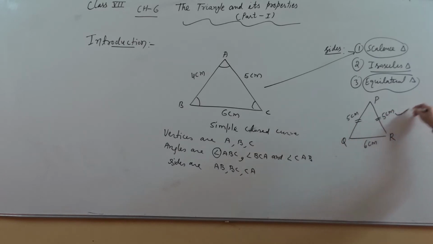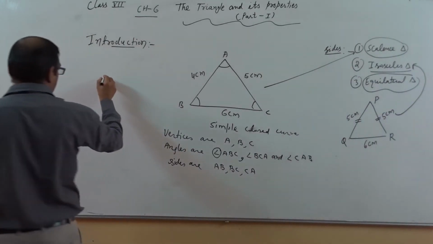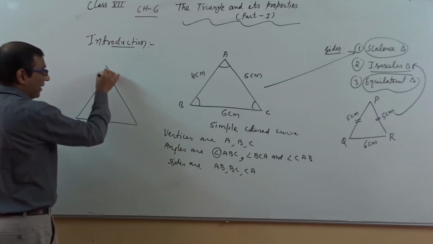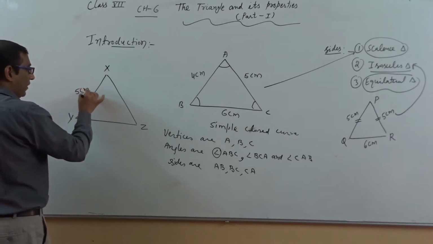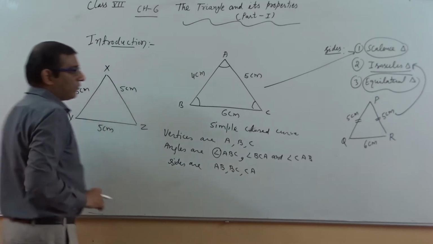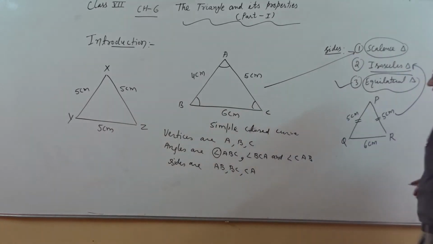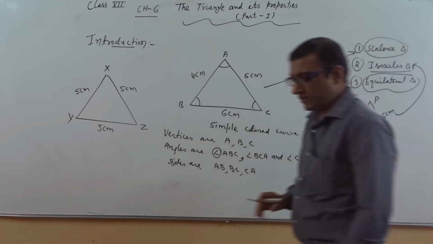So this triangle is related with isosceles triangle. And if I take one more diagram, that is XYZ, if all these sides are equal, then we can say this type of triangle is related with equilateral triangle. So this is the classification of triangle on behalf of sides.